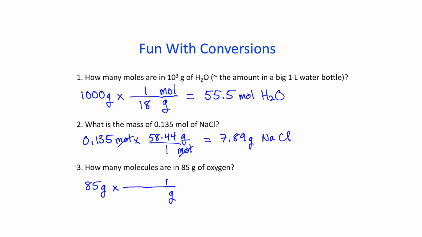So I can go from grams to moles. That cancels my grams. Now I'm in units of moles. So we've essentially just done what we did up here in part 1. But we're going to keep going because we want molecules, not moles. So one more step.